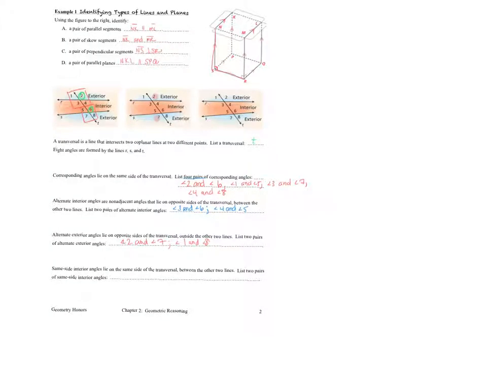Okay, this one, same side interior angles lie on the same side of the transversal between the other 2 lines. So they're interior, but they're on the same side. So for instance, 3 and 5 are on the same side of the transversal. List 2 pairs. So one pair is angle 3 and angle 5, and the other one is angle 4 and angle 6.